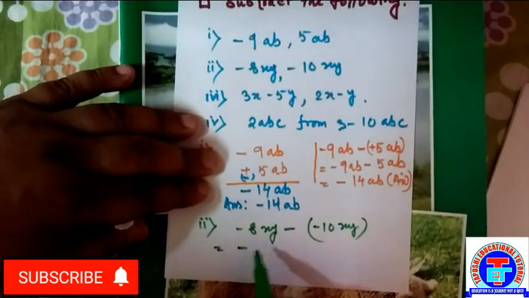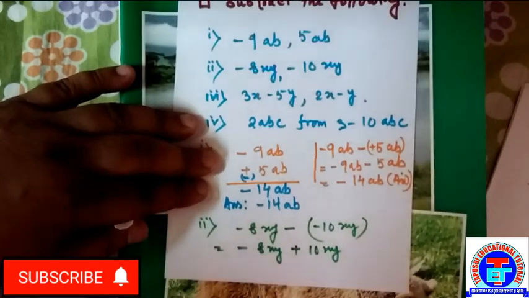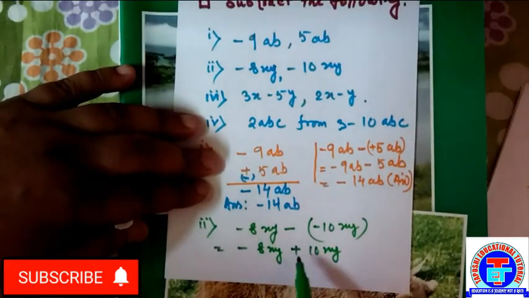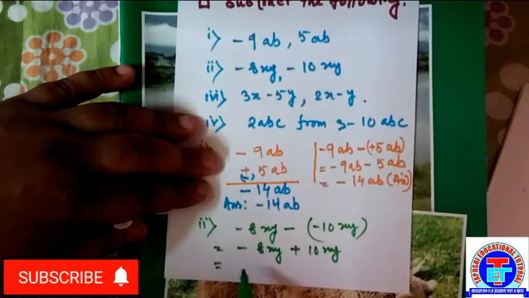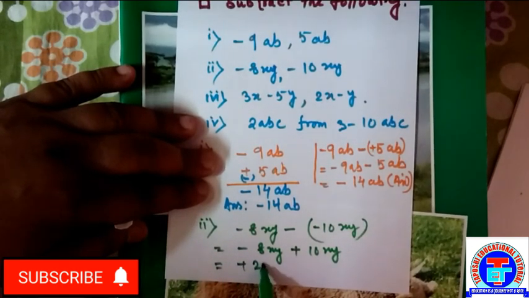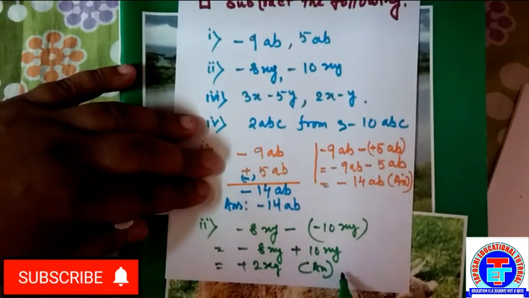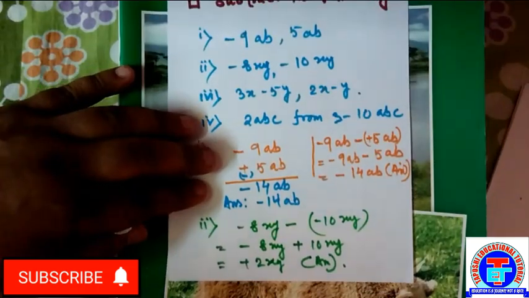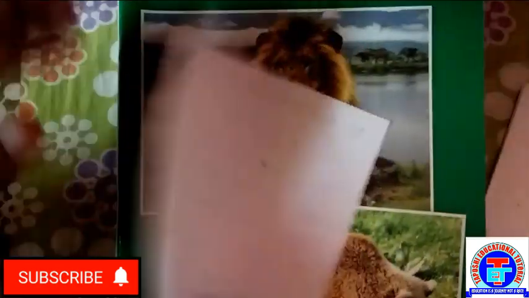Now it will become minus 8xy plus 10xy. Which sign has more value? There, plus 10. So we subtract 8 from 10, then it will become plus 2xy. This is the answer. Okay student.